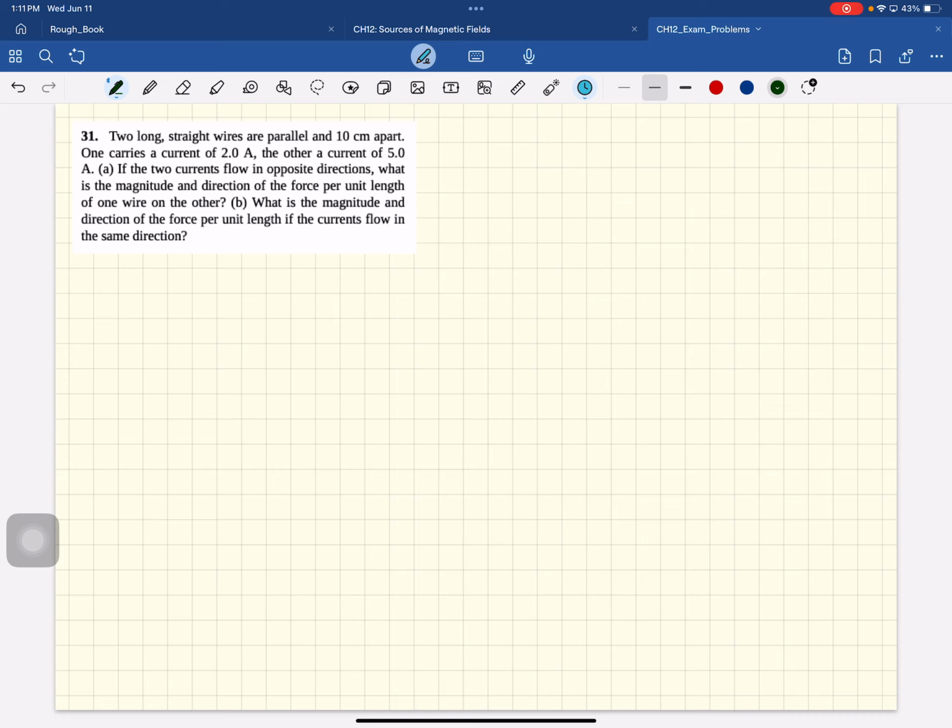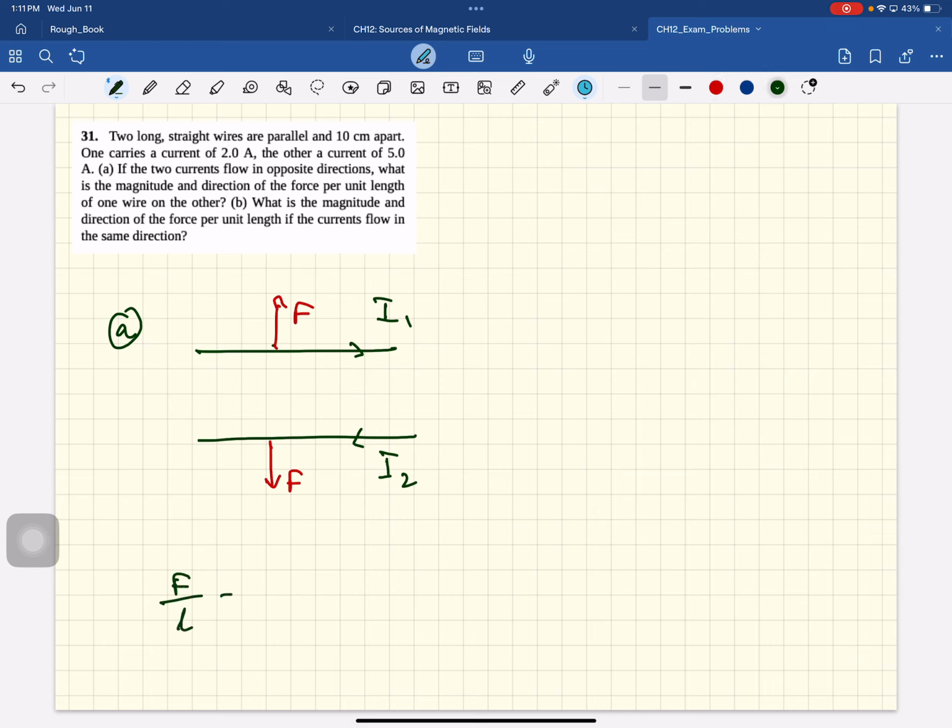I'll just do part A. I1 and I2, and the force is repulsive. Force per unit length is given by mu naught I1 I2 divided by 2 pi, the distance between them.